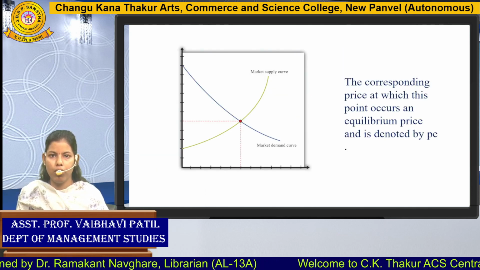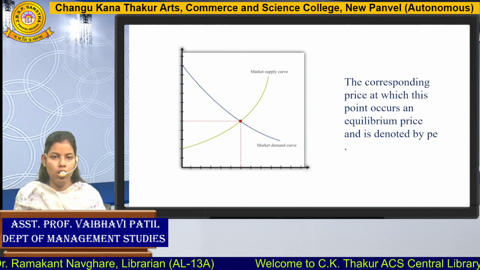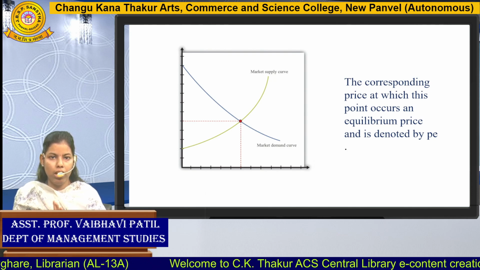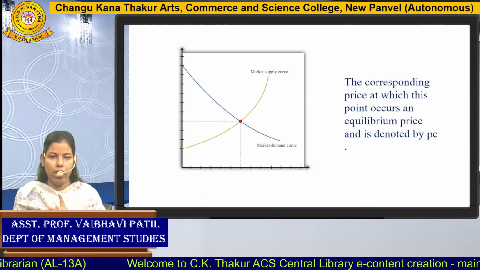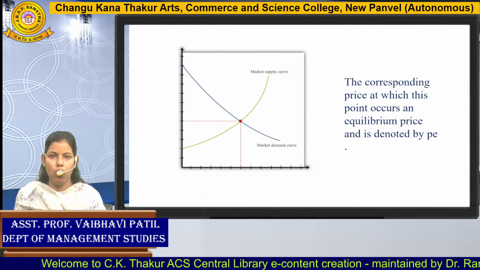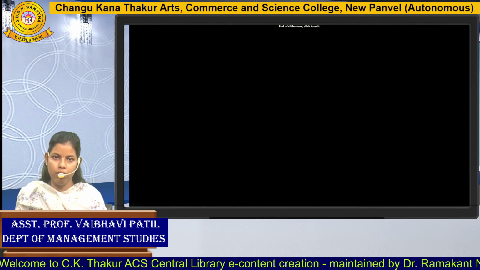This is the graph of the equilibrium point. Here we can show that the decreasing curve is the demand function and the increasing curve is the supply function. The point where demand and supply are both equal is called the break even point. Thank you.